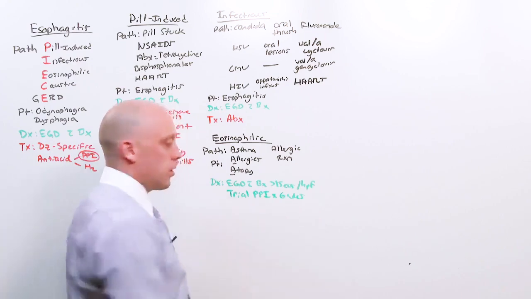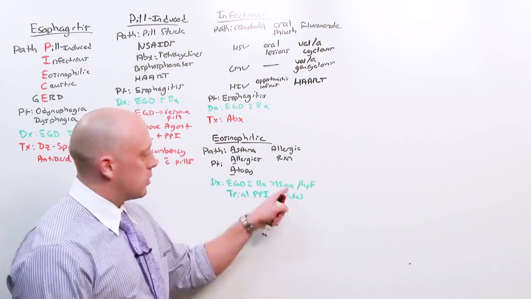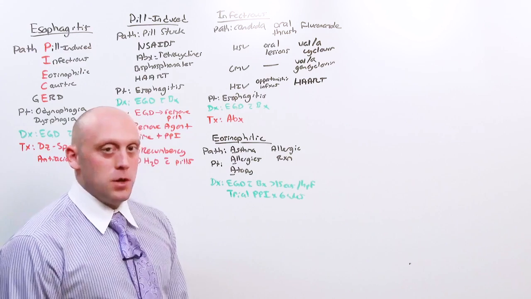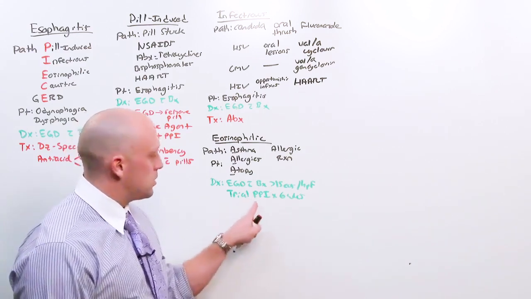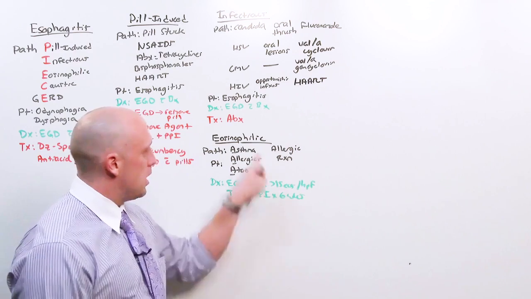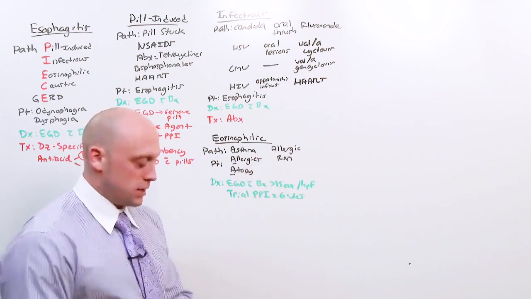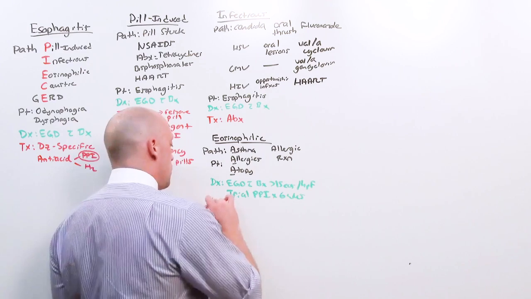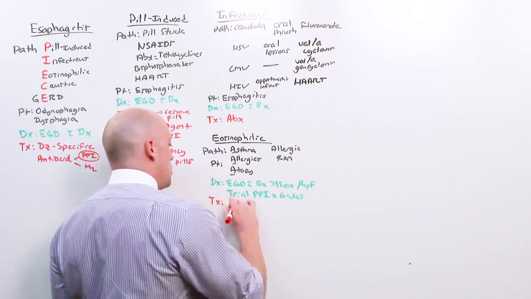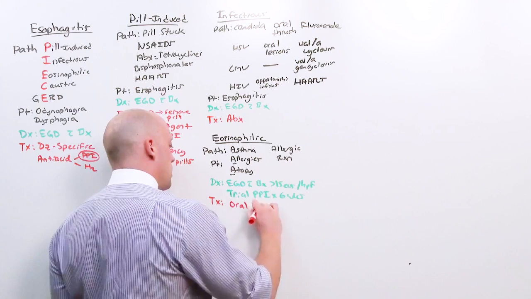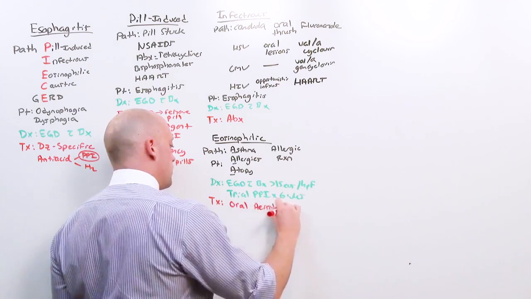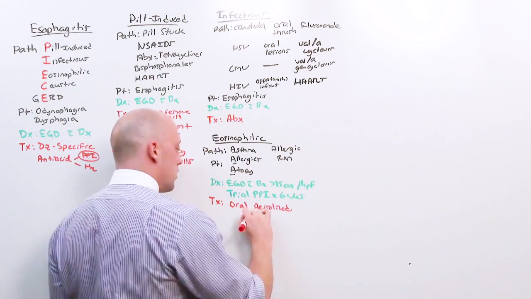You treat GERD because GERD can cause eosinophilia. The next step is to treat the GERD, not the eosinophilic esophagitis. And if the trial fails, then you're going to use oral aerosolized steroids.